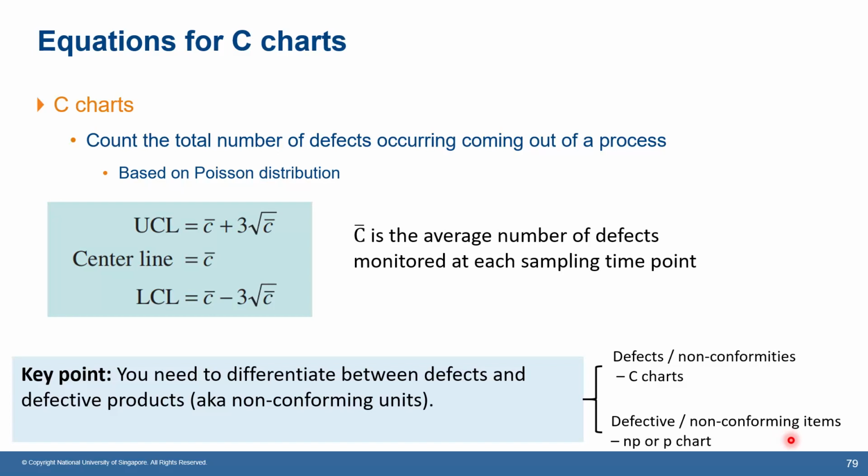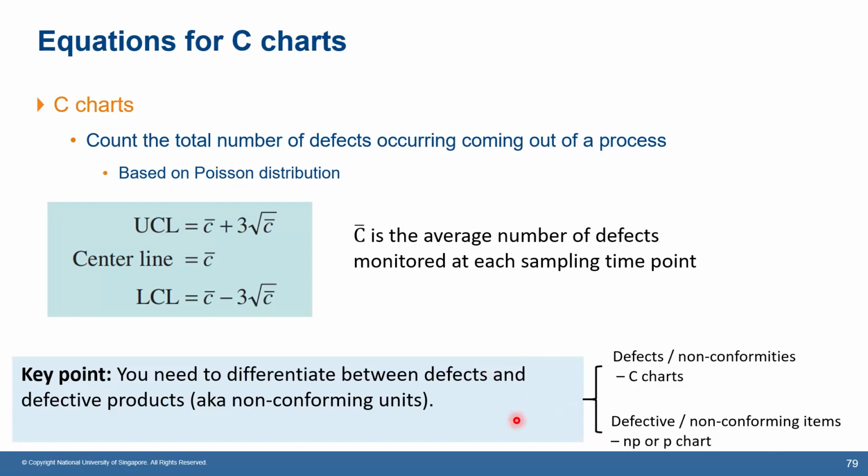It means it has at least one defect in it. It can have more than one defect, maybe 2 defects. As long as one item has one or more defects, it is defective. But the other point is that you can have many defects coming out of one process, but maybe they all occur on only one item. So in that case, you have only one defective or one non-conforming item.